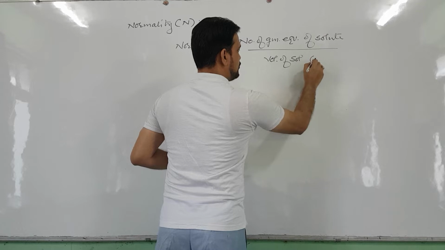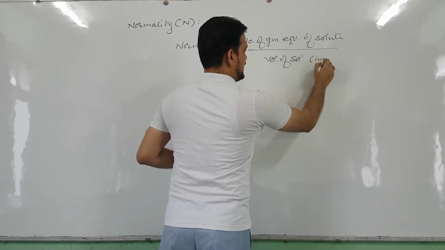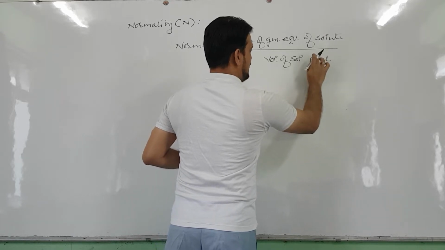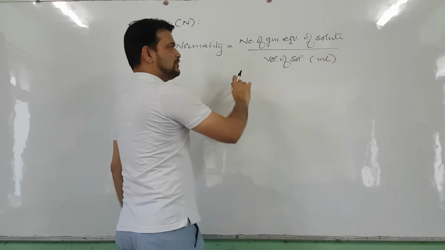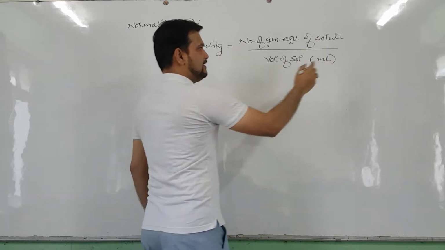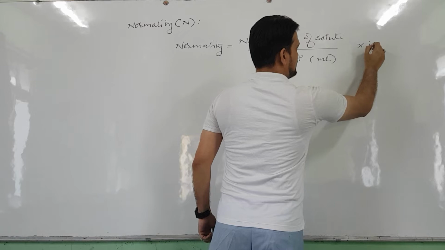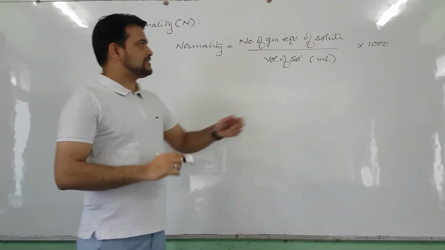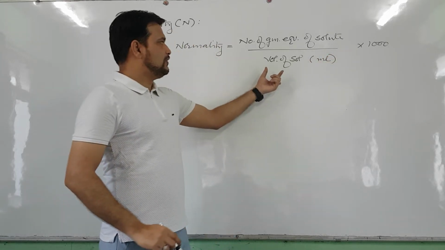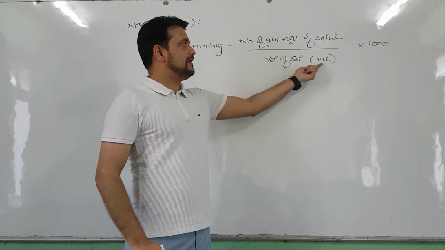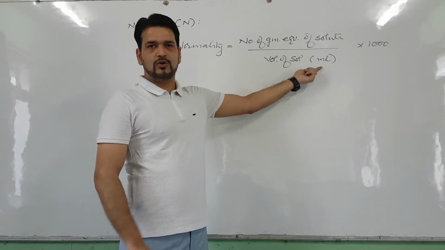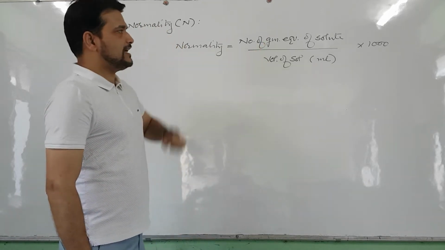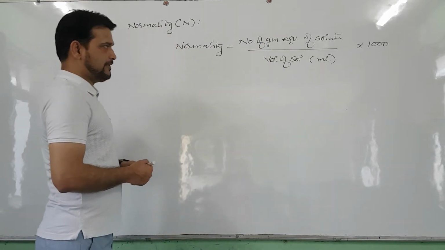But volume of solution is generally taken in ml, so we will use the term 1000. By this 1000, now the volume in ml has been changed into liters. So this is the expression for normality.